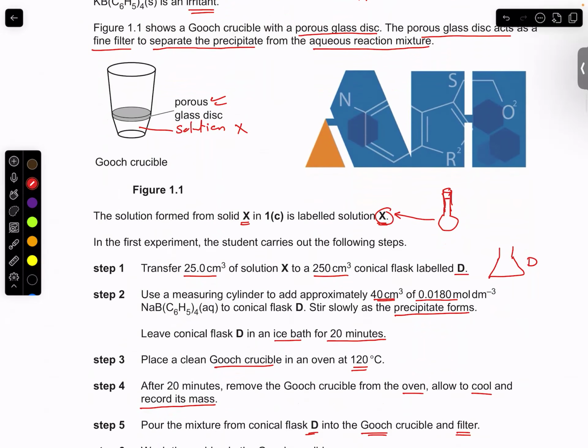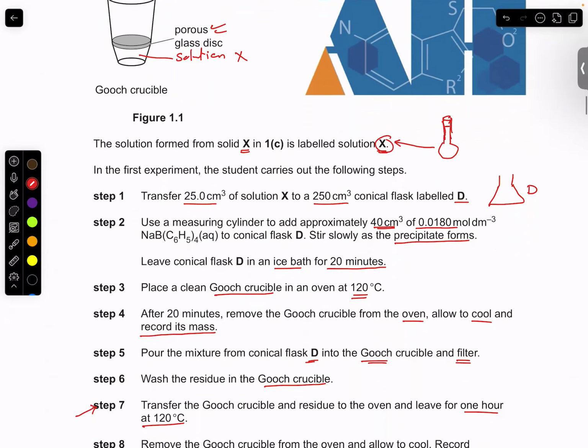In the first experiment, the student carries out the following steps.